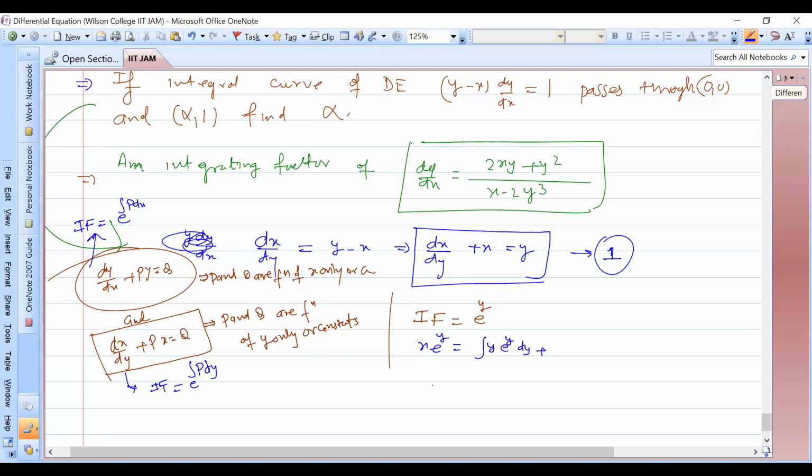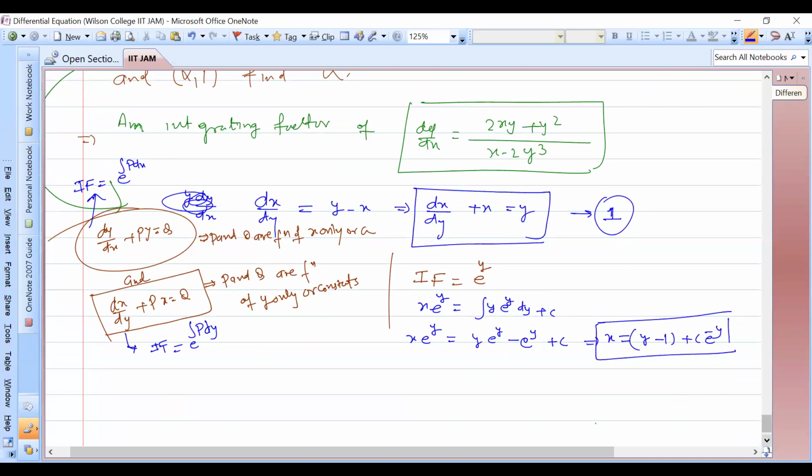Use the successive integration formula: x into e raised to y equals y e raised to y minus e raised to y plus c, or x equals y minus 1 plus c times e raised to minus y.